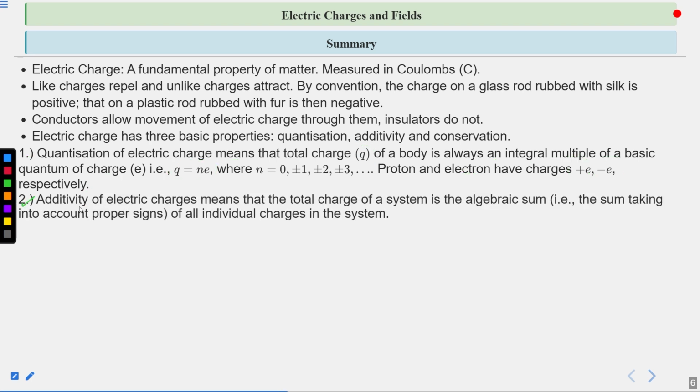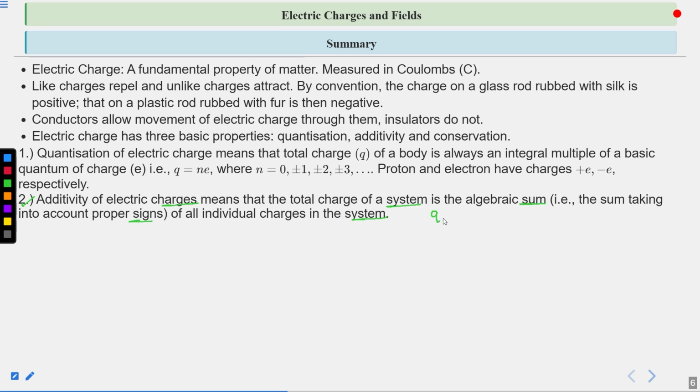Second property is additivity of electric charges, meaning that the total charge of a system is the algebraic sum, taking into account proper signs, of all individual charges in the system. It means charges follow all ordinary algebra rules. Suppose we have two charges.